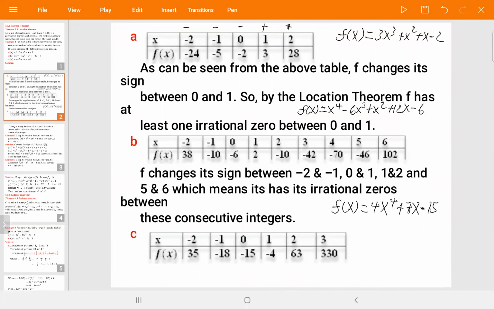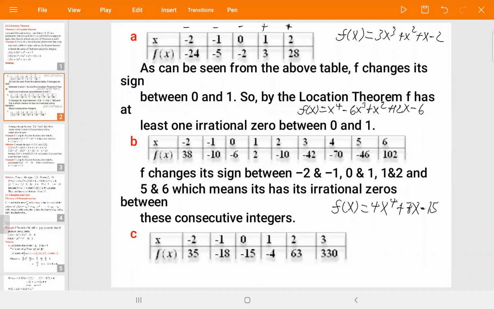The number of zeros of this polynomial is at most 4, since all the possible zeros of this polynomial are less than or equal to its degree 4. So this polynomial can have at maximum 4 different zeros, or 3, or 2, or 1, or no zero.